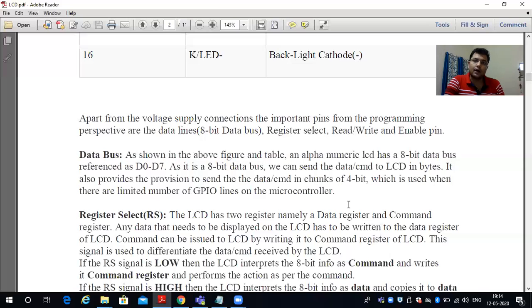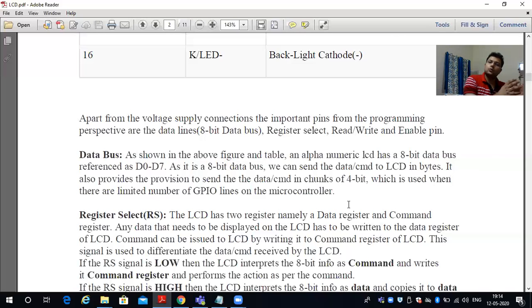If over the RS the signal is 1, then the interpretation would be that whatever the bits are, whatever the data over the data line, that is a command. So at that time, whatever is over the data lines will find its position in the command register, and further based on the enable signal, it would be interpreted and executed.